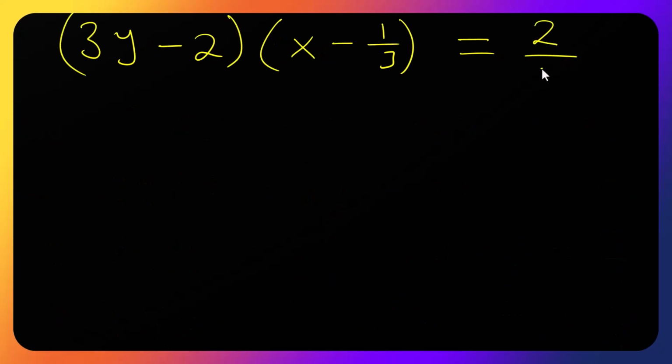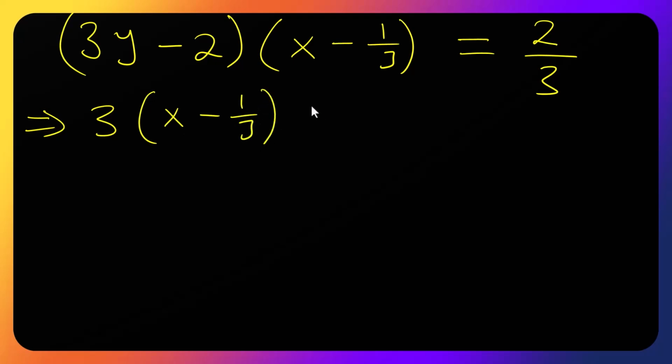We can multiply this side by this 3. Before that, I would like to get rid of the fraction. So I will let this 3 affect this one, the same as 3 times x minus 1 over 3 times 3y minus 2 equals to 2. So let's expand.